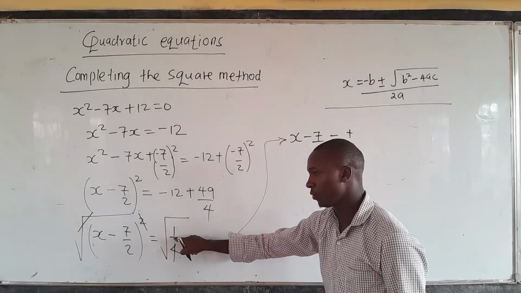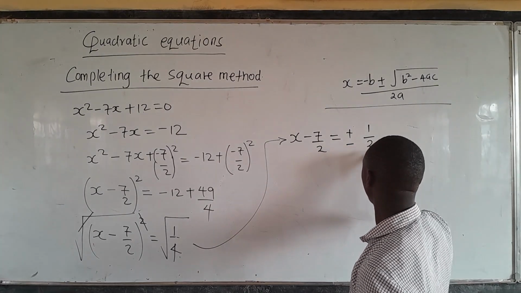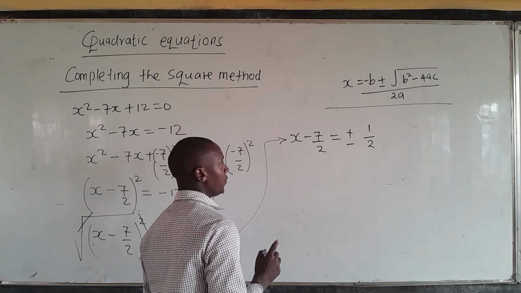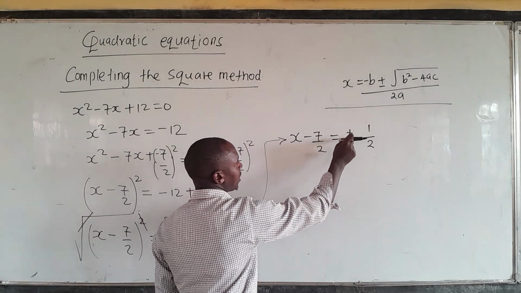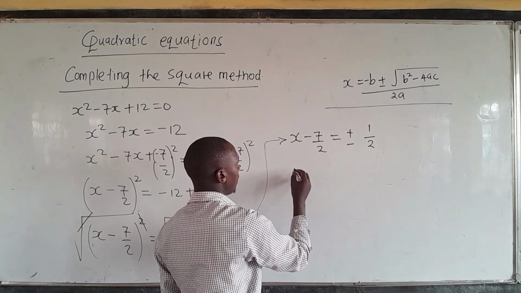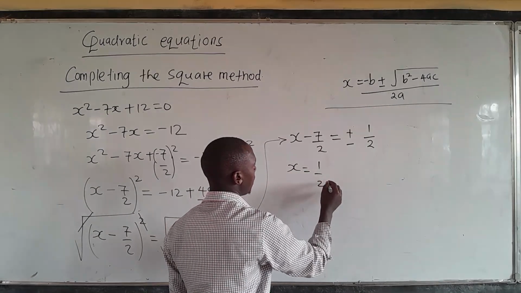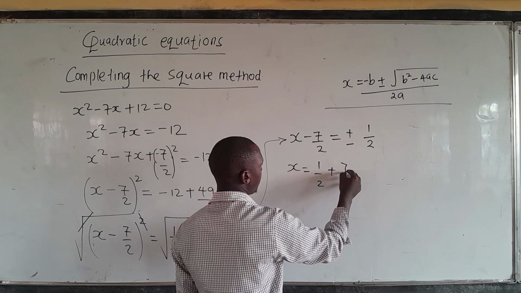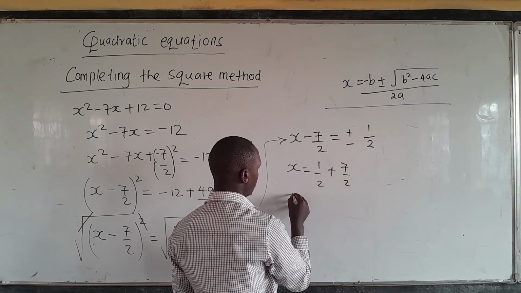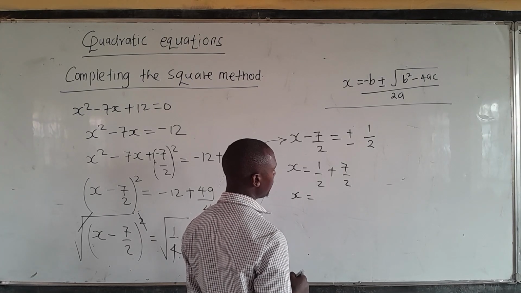The square root of 1 is 1 and the square root of 4 is 2. Now we solve for x when it is positive, and again when it is negative. When it is positive, x equals a half plus 7 over 2, and that is 8 over 2, that is 4.